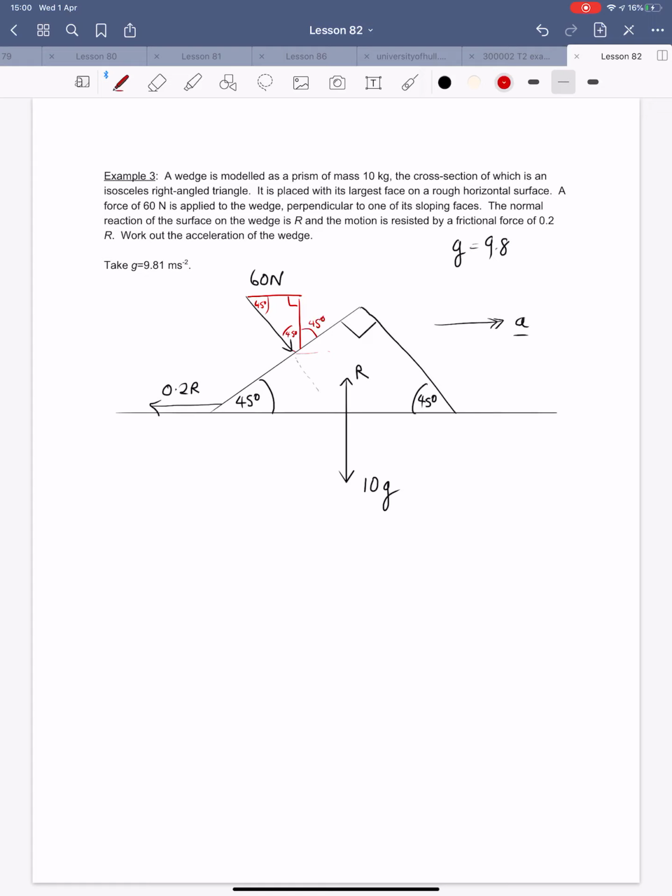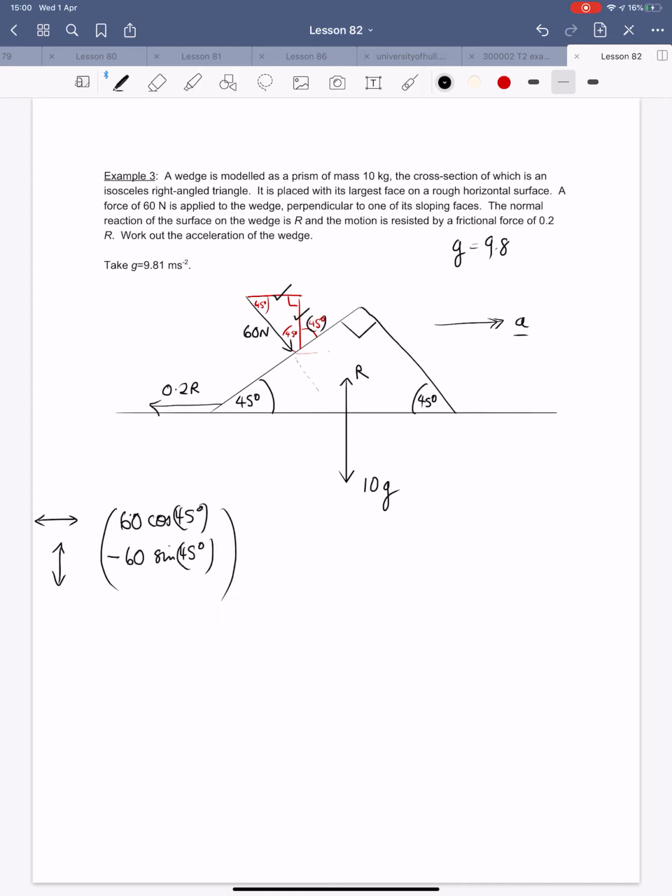So let's do these forces. Don't forget, horizontal that way, vertical that way. We have 60 cos 45, which is that one there, and then minus 60 sine 45 degrees, thinking of the 60 on the hypotenuse. That's that one there.